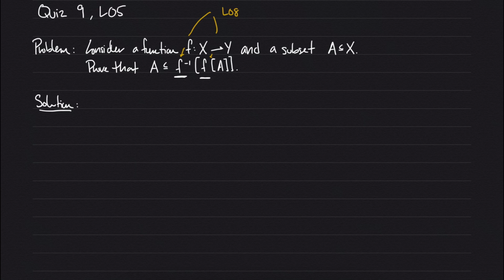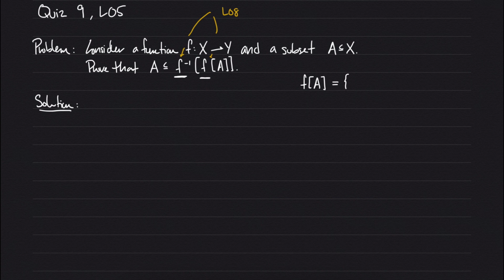Okay, so let's think about what's going on here. We've got a function f from X to Y, and a subset A of the domain. We want to prove that A is a subset of the preimage of the image of A. So let's think about what that is exactly. f of A, let's remind ourselves what this is.